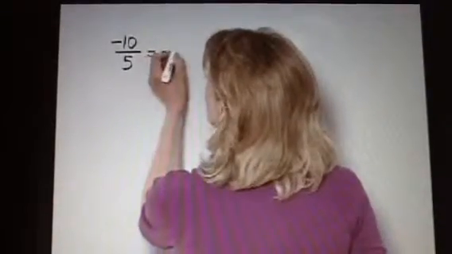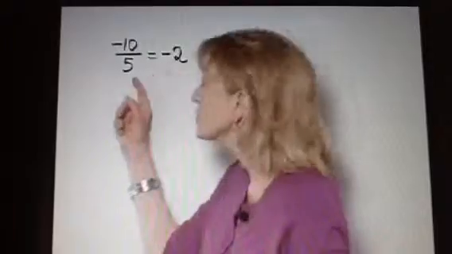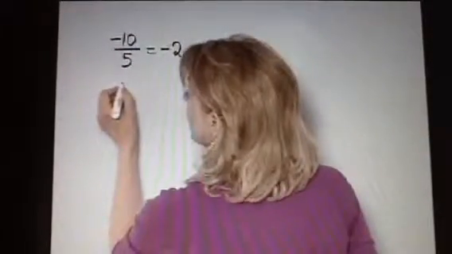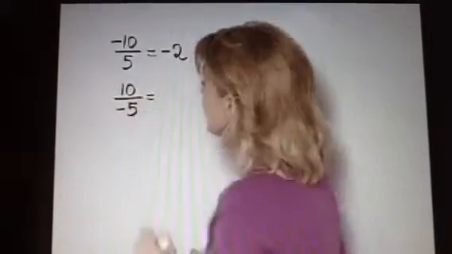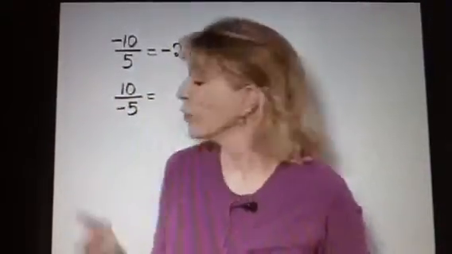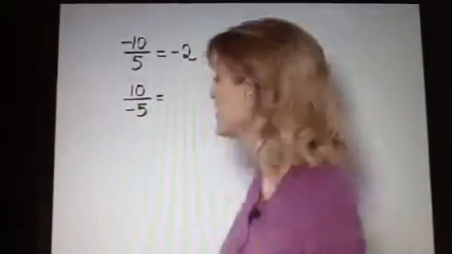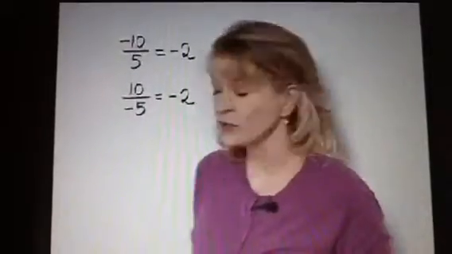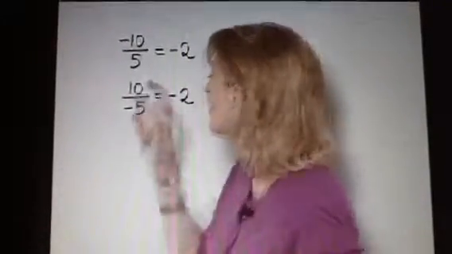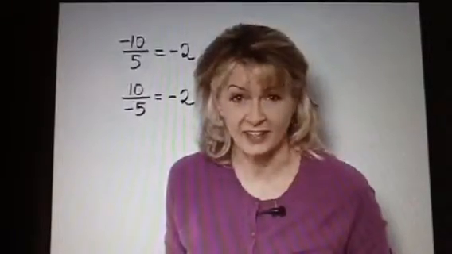What is -10 divided by 5? -10 divided by 5 is -2, because -2 times 5 is -10. Also now, what if I place that negative sign in the denominator? What is 10 divided by -5? Well, 10 divided by -5, that is also -2, because -2 times -5 is +10.